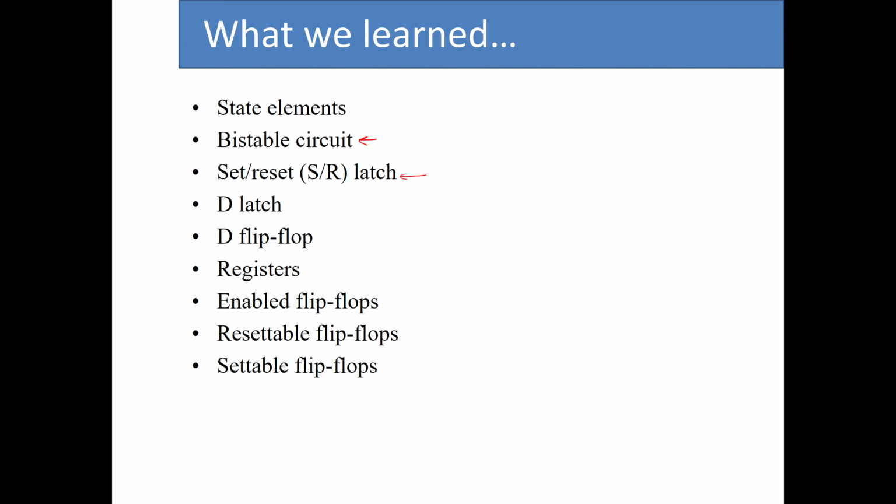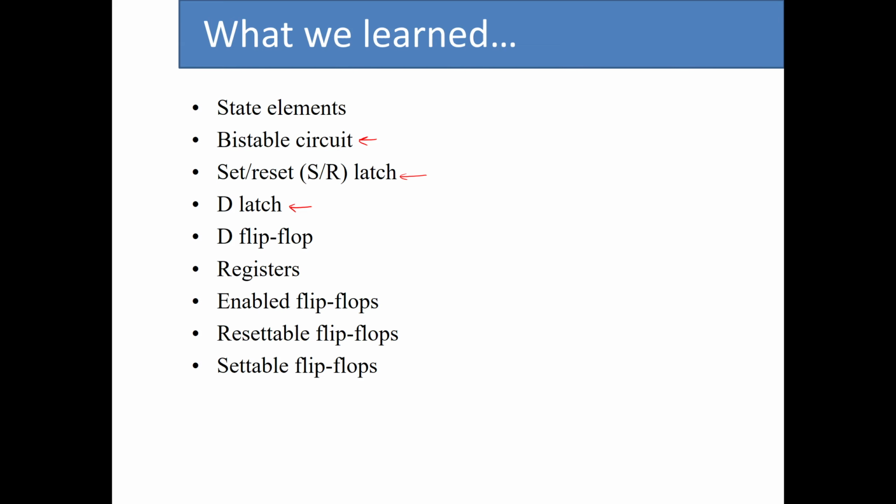So then we came up with the design for the D latch, which not only completely eliminated the invalid case from the SR latch, but also gave us the capability to distinguish between the time at which we want some data to be stored and the actual data that is being stored.